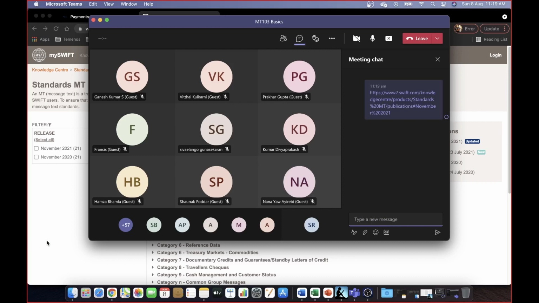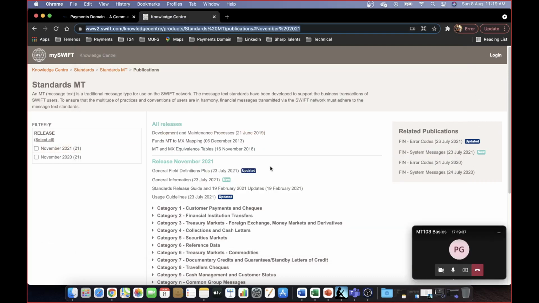This is the 2021 standards. You can see the release, November 2021. Every year in December, Swift publishes an initial standard, and then it publishes a revised standard in July.